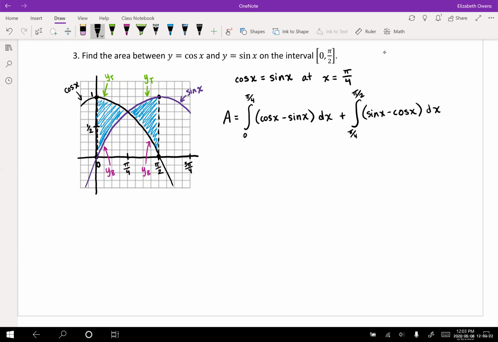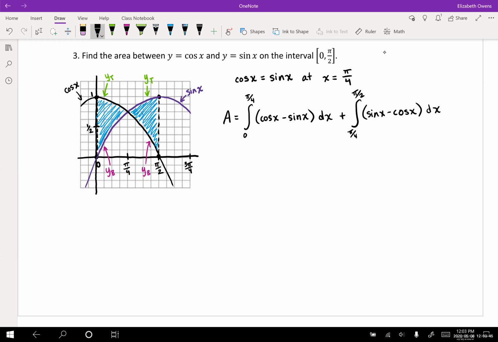Okay, and if you're cool with that setup, that's fine. You can go ahead and do both those integrals and it'll work. If you don't feel like doing two integrals right now though, there is a shortcut that we can do. Notice how our area really does look like a pair of wings.